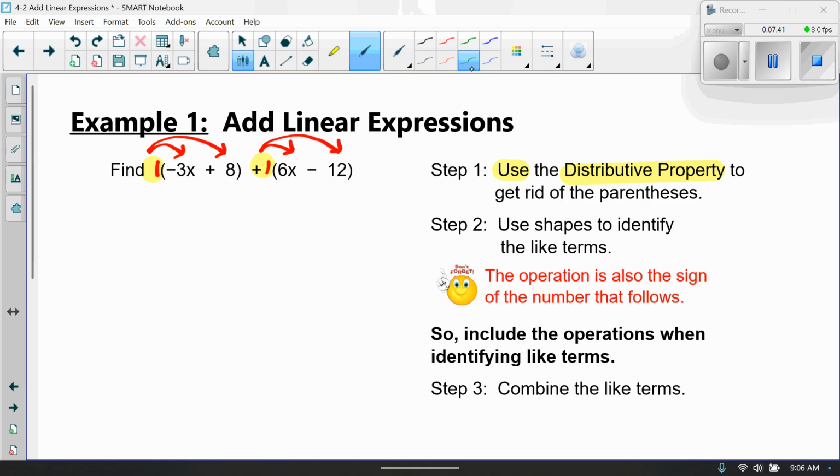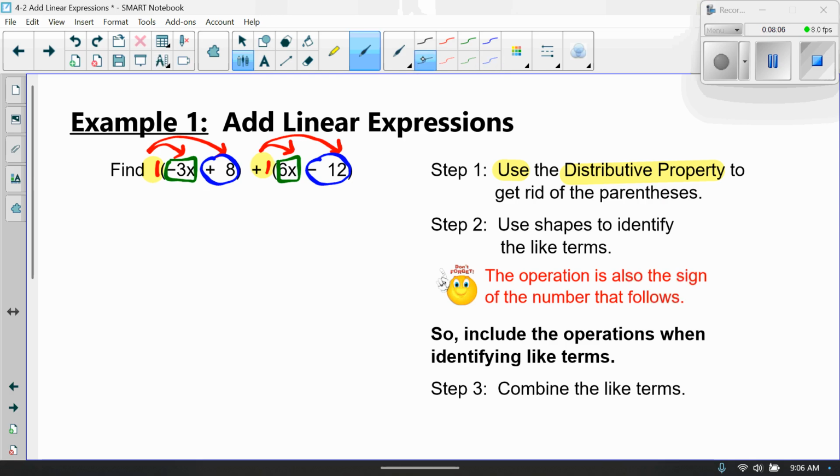So inside the parentheses, we've got a negative 3x and a positive 8 there. This is a positive 6x and a negative 12. So that's what we're going to multiply.